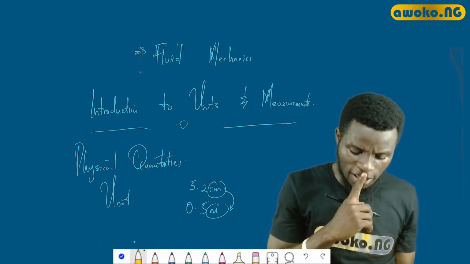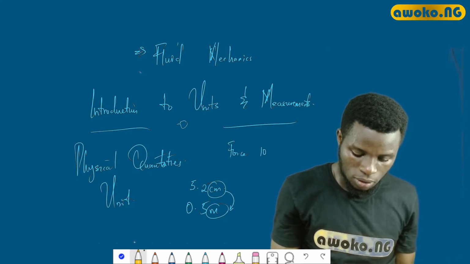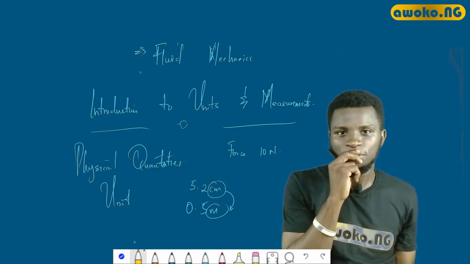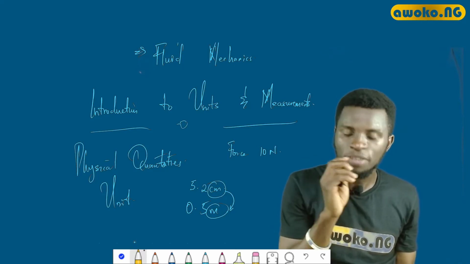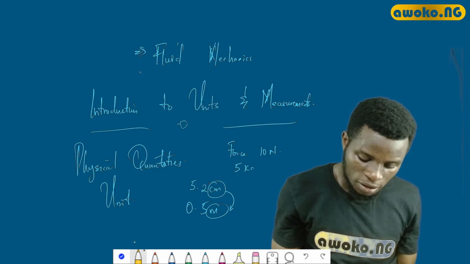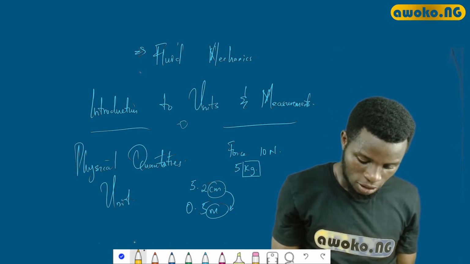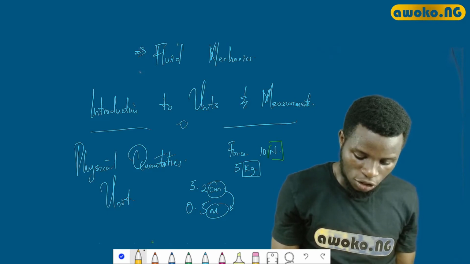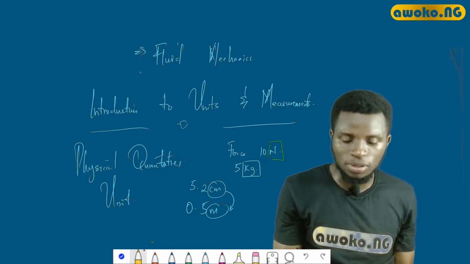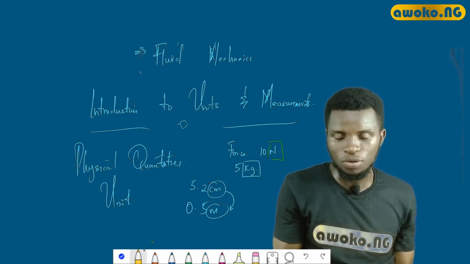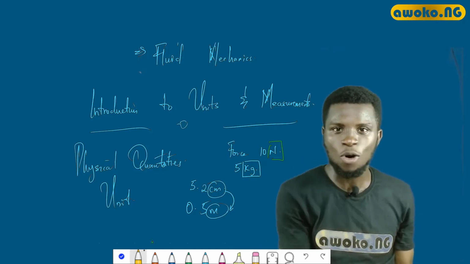For instance, if I have force 10 Newton, this one will be clearer. If I have force 10 Newton and I have mass 5 kilogram, of course, kilogram and Newton are two different things. Kilogram shows the weight or the stuff that that particular object is made of.